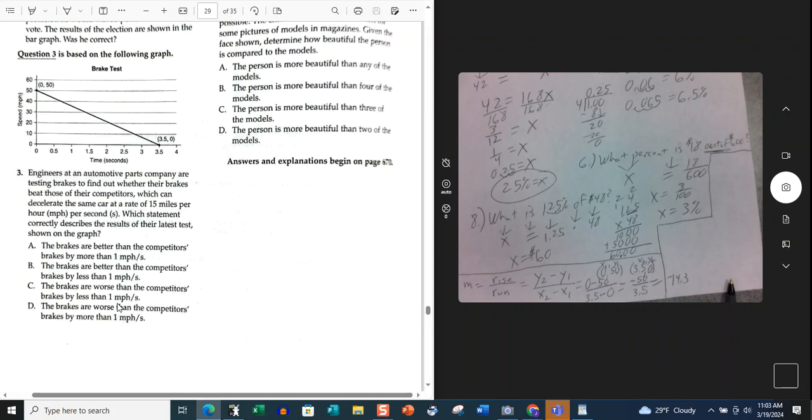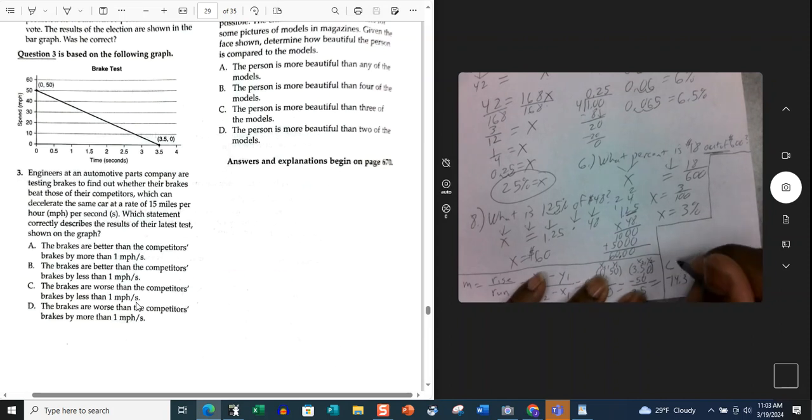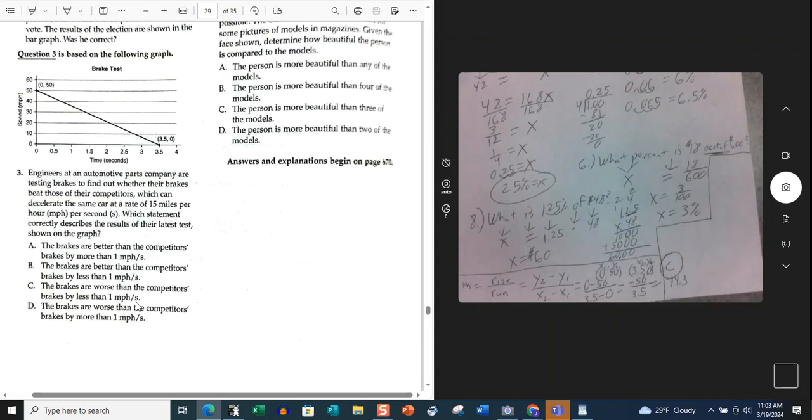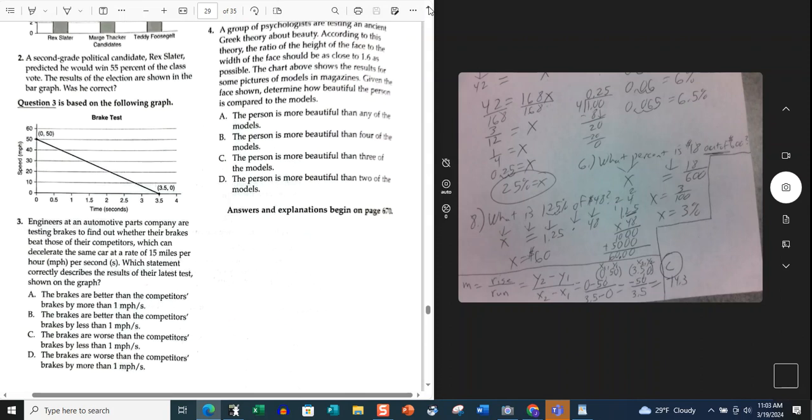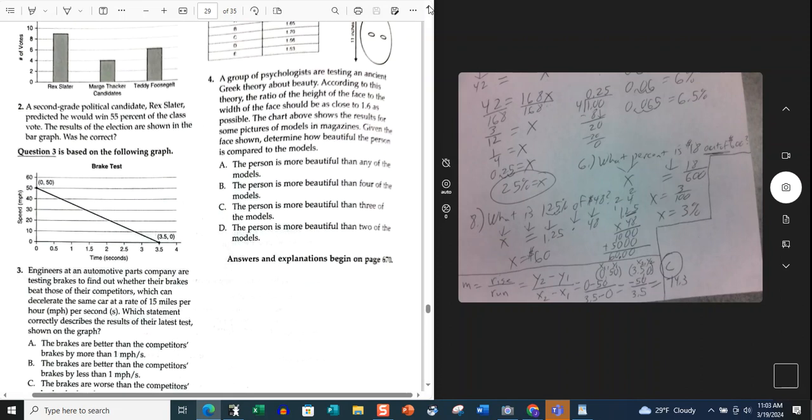So since this only stops at a rate of 14.3 miles per hour per second, and this stops at 15, that means that the original was better. So the new brakes are worse than the competitor's brakes by less than 1 mile per hour. So your answer here is C, is worse. So they will have to improve in order to be able to compete with that other company.